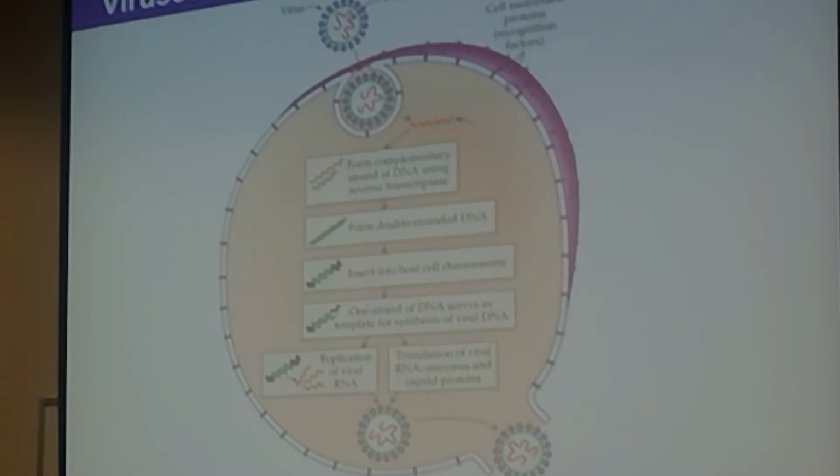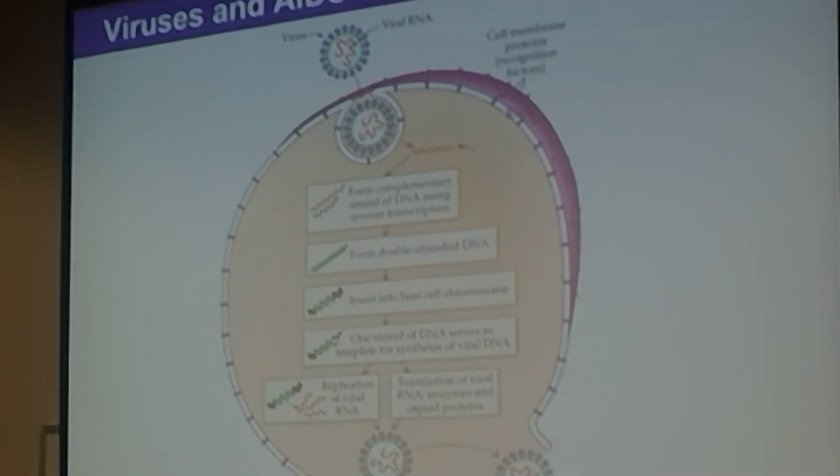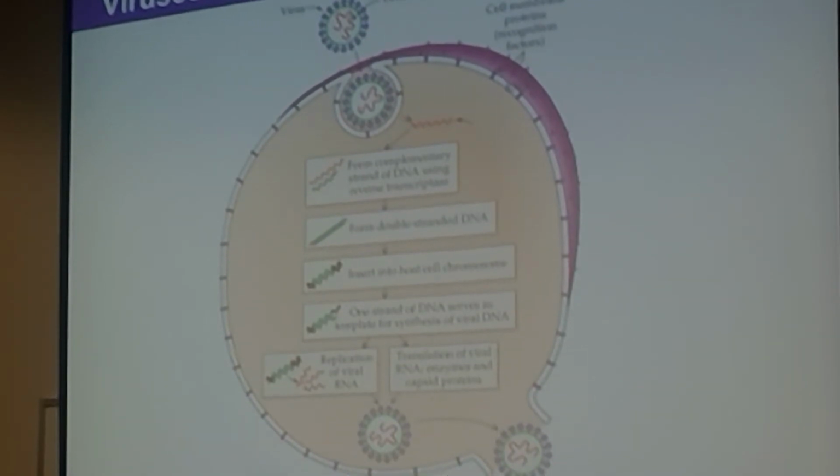So they are capable of using our own machinery, but they don't have their own machinery, and that's why the virus is so dangerous. And now, can you think how you can control this RNA virus? Any kind of drug will help us.